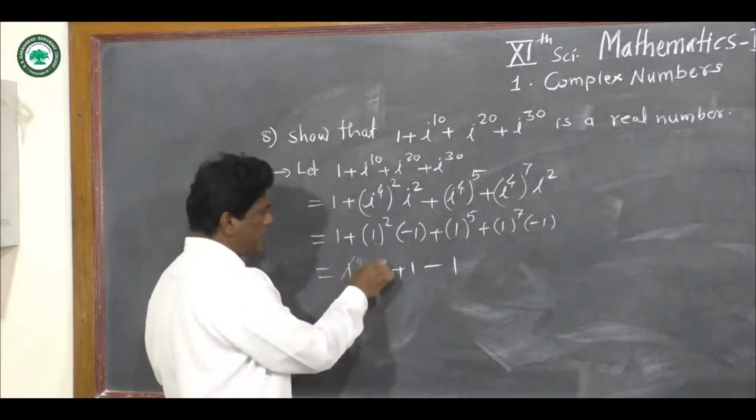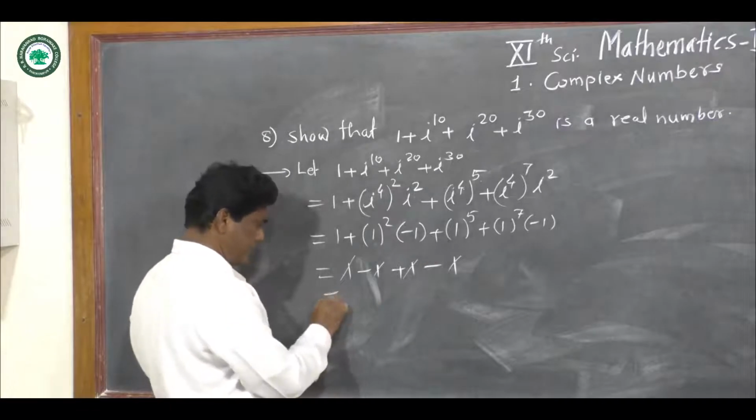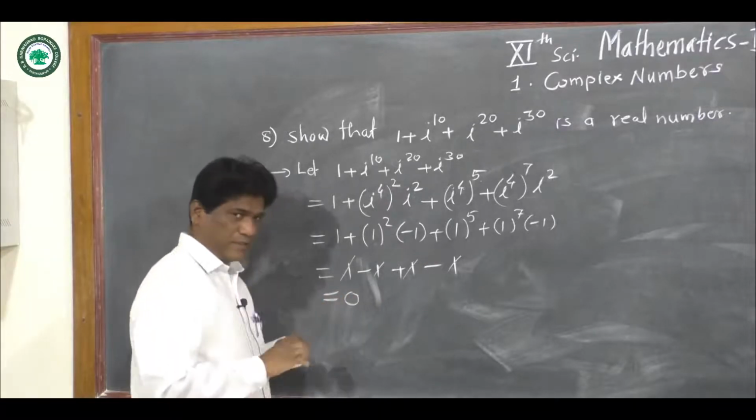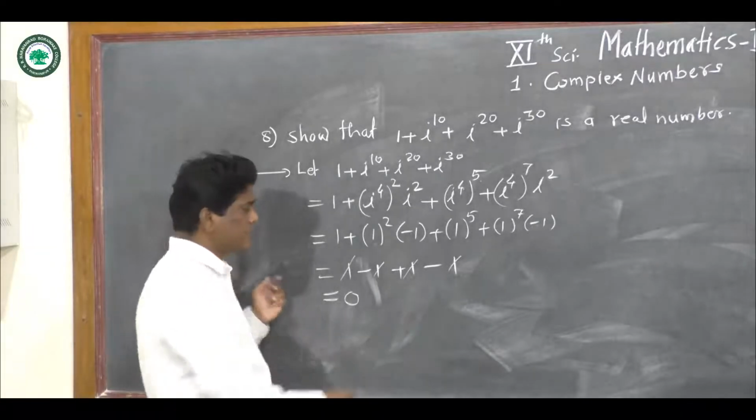Now here 1 and minus 1 get cancelled, here also plus 1 and minus 1 get cancelled. It is equal to 0. It does not contain i. So it is a real number.